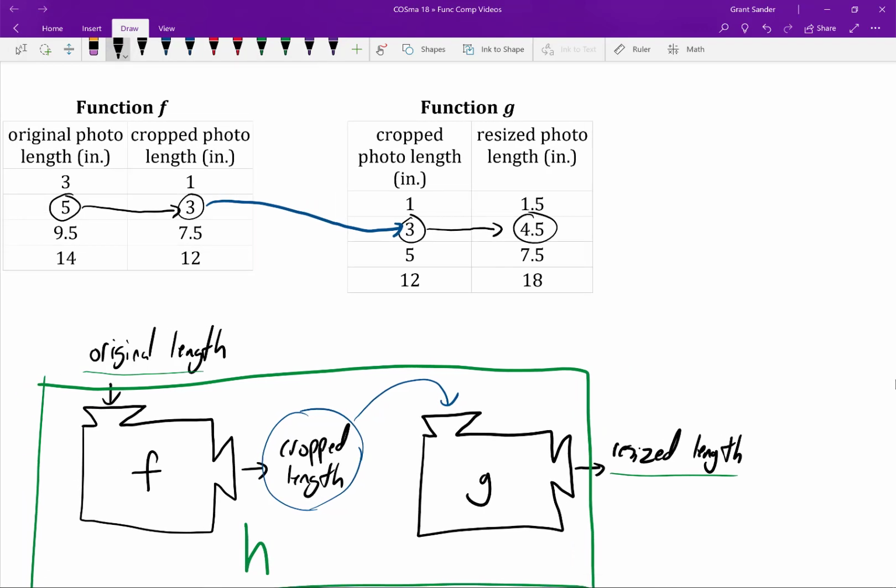So if we wanted to make a table for this function h, then we'd have two columns. One of them is the original photo length here, and the resized photo length over here. We know that if the original photo length is 5, then the resized photo length would be 4.5. And we can do this with multiple different values. In this way, we can use tables to help us reason about chaining together function processes.